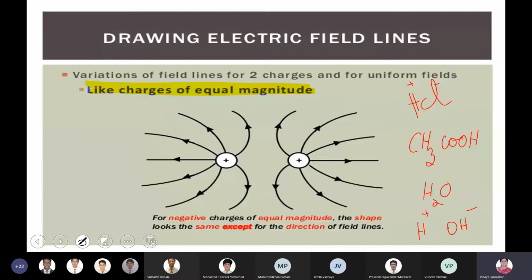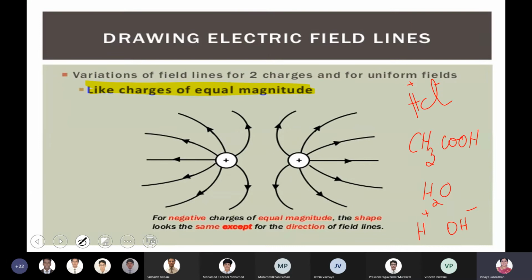Now, why dipoles are very important is that these polar molecules, whenever they are placed in an electric field, how do they behave? That clear, boys? If I place a bar magnet in a magnetic field, how does it react, does it remain stationary or experience a force?